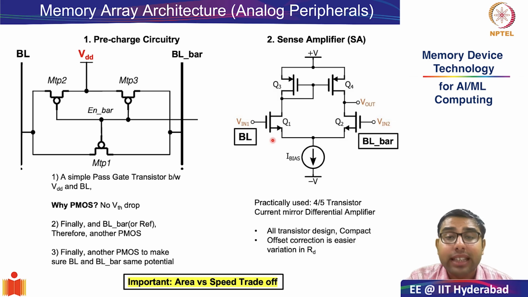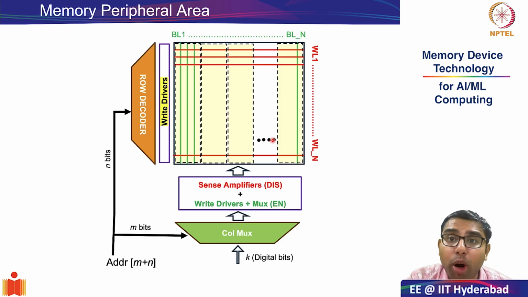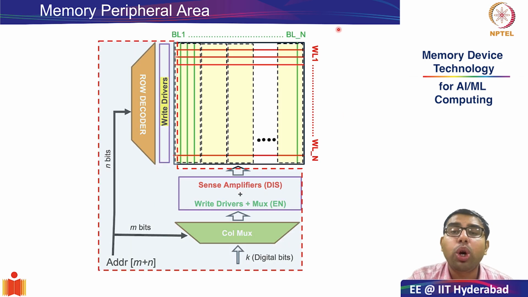These considerations become very important because now we are seeing that not only does your memory chip depend on the size of your memory array, but there is a very strong and important contribution in the memory area coming from the peripheral circuitry also.